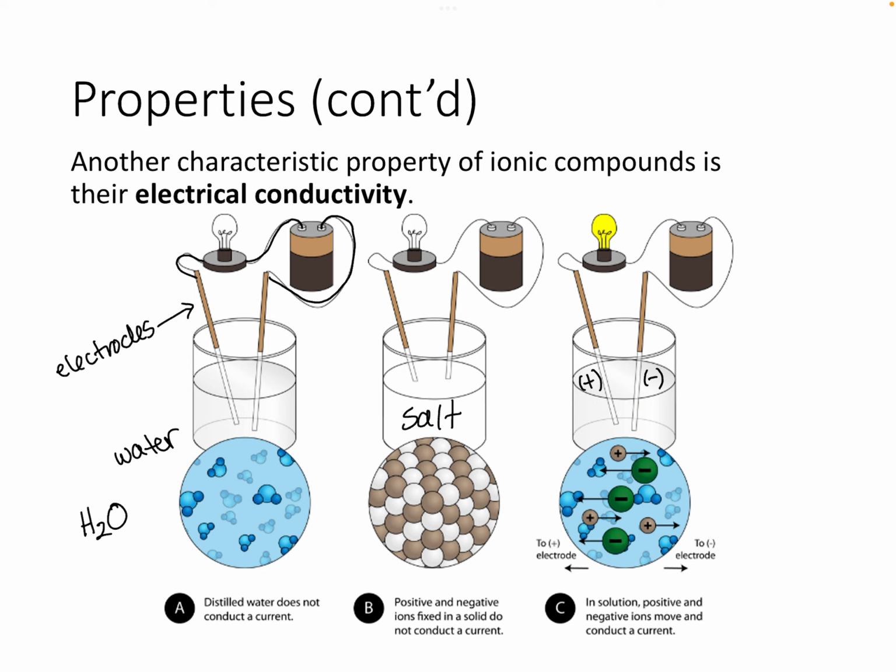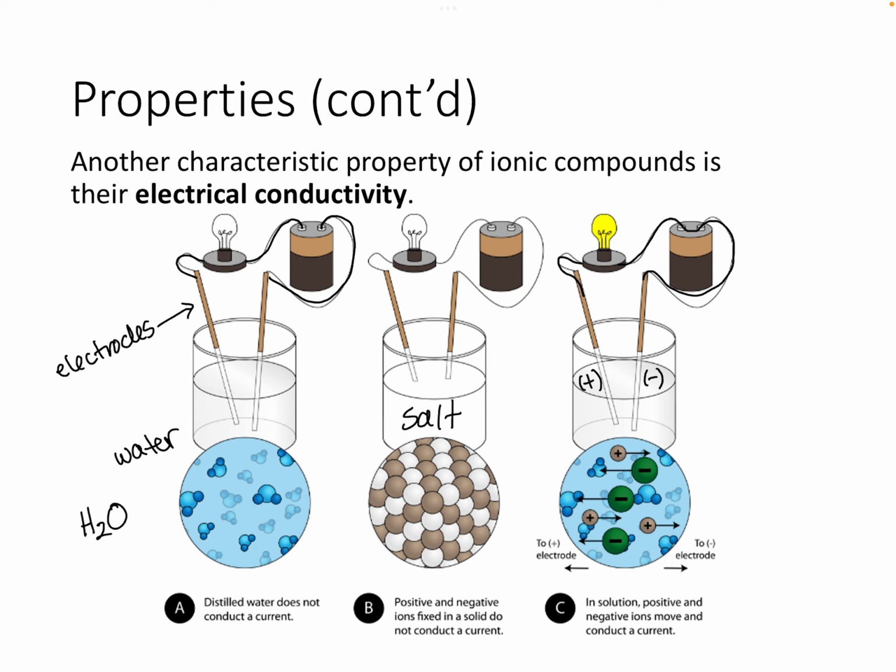And that's going to cause a current to form and to run through those electrodes and through the battery, through the light bulb, and we'll see that the light bulb actually turns on. So when ionic compounds are dissolved in a solution, we do see electrical conductivity from that solution.